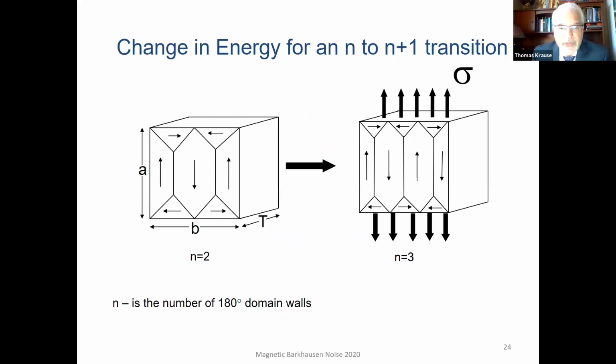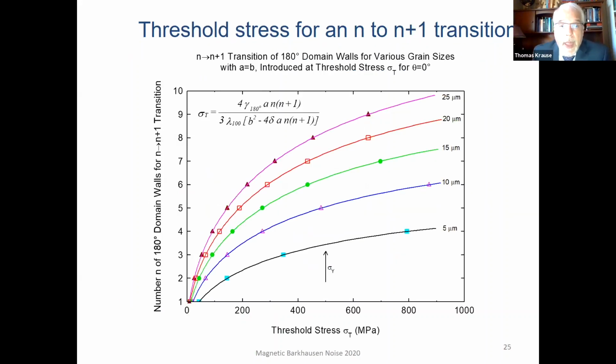We have to realize that when we're doing Barkhausen noise measurements, we're applying a 50 Hertz cyclic field, for example, and that's continuously rewriting the domain structure underneath, and that's what we're actually measuring. So the lowest energy state is one where we can increase the number of 180-degree domain walls with applied stress.